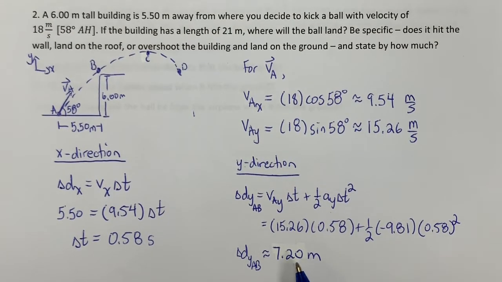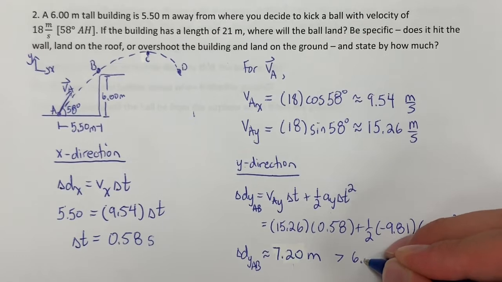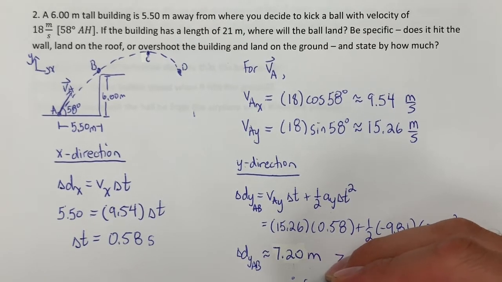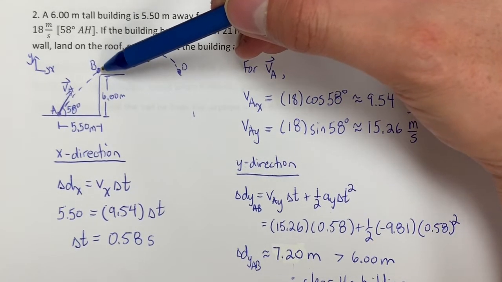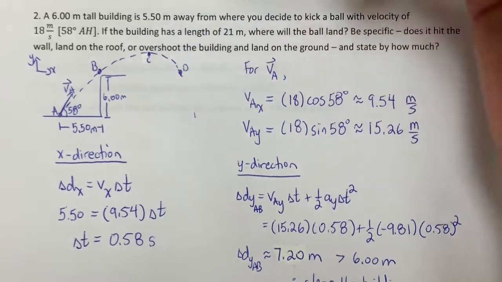We get 7.20 meters, which is greater than the height of the building of 6.00 meters, therefore clearing the building. So we will actually be in fact clearing it by about 1.2 meters, flying up to a maximum height and coming down.